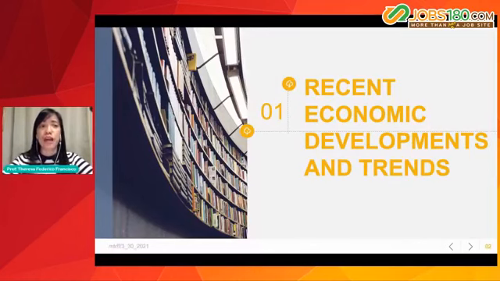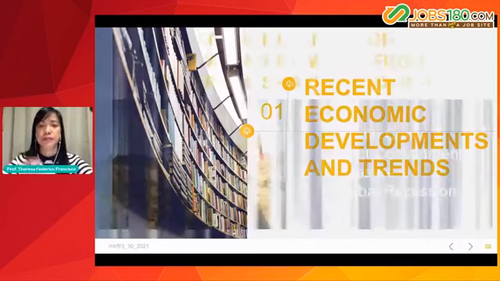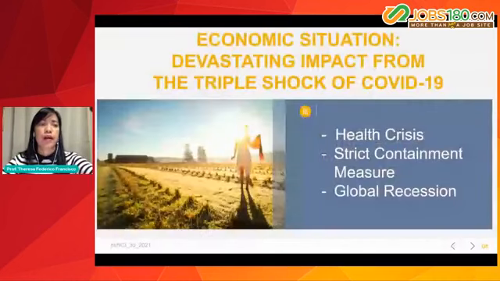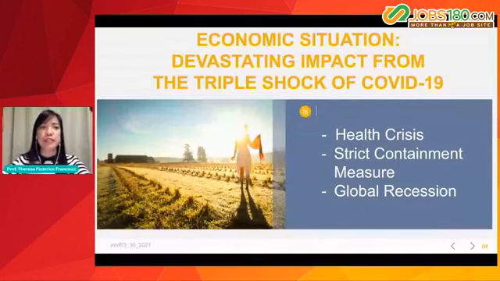We must note, however, that the COVID-19 pandemic has constrained economic activity not only in the Philippines but across the globe. The Philippine economy entered recession in the first half of 2020 as the pandemic delivered a triple shock of health crisis, strict containment measures, and a global recession of unprecedented scale.